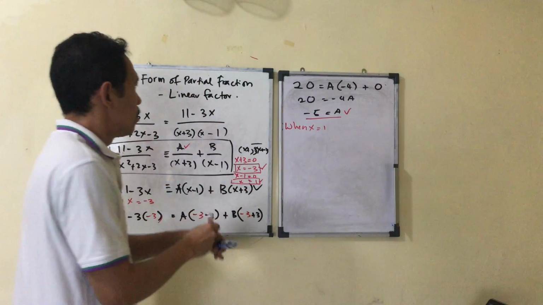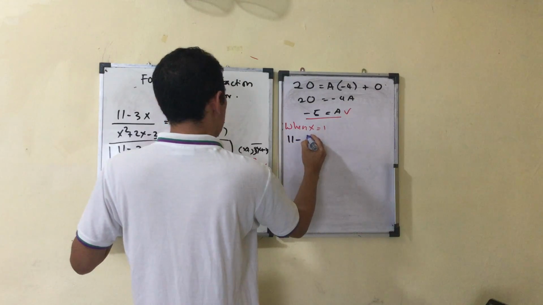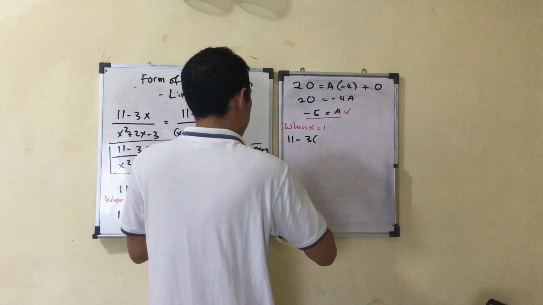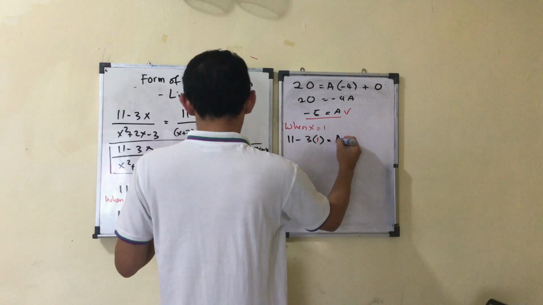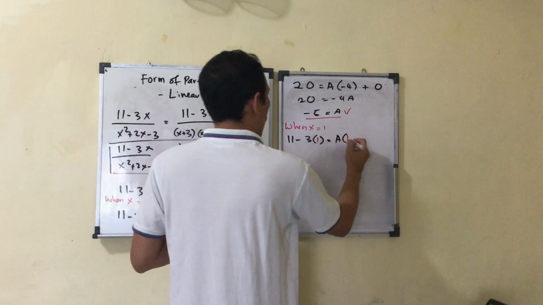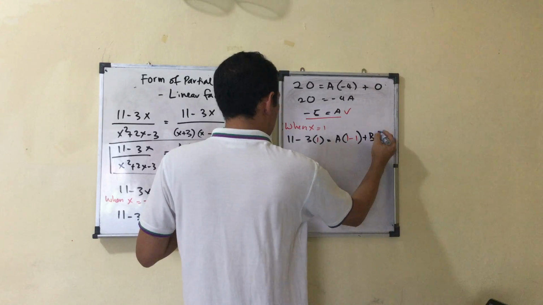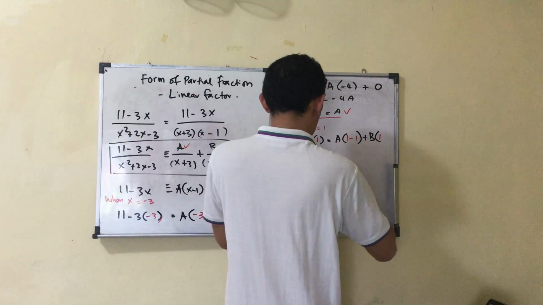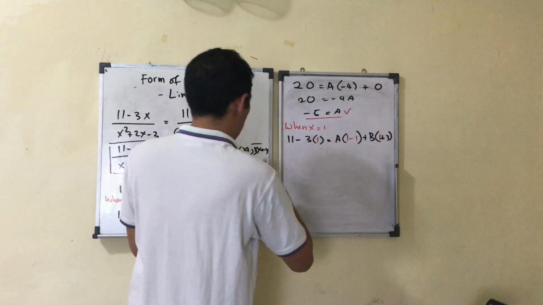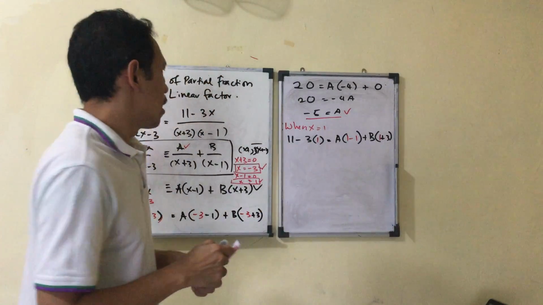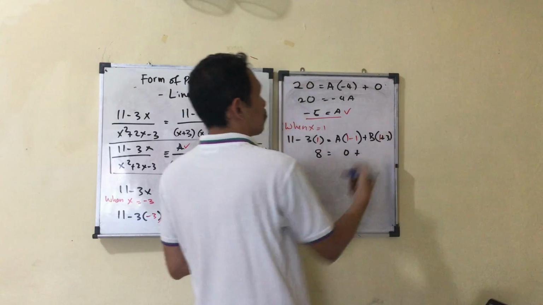When x equals 1, you put that in the equation. 11 minus 3 times 1 equals A times 1 minus 1, which is of course 0, plus B times 1 plus 3.